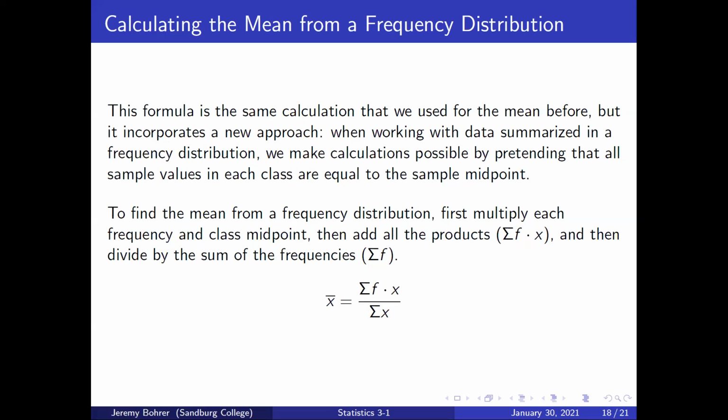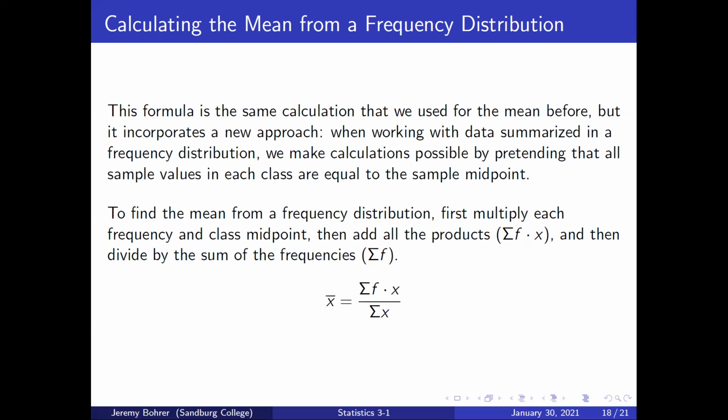This formula is the same calculation that we used for the mean before, but it incorporates a new approach, calculating the mean from a frequency distribution. When working with data summarized in a frequency distribution, we make calculations possible by pretending that all sample values in each case are equal to the sample midpoint.